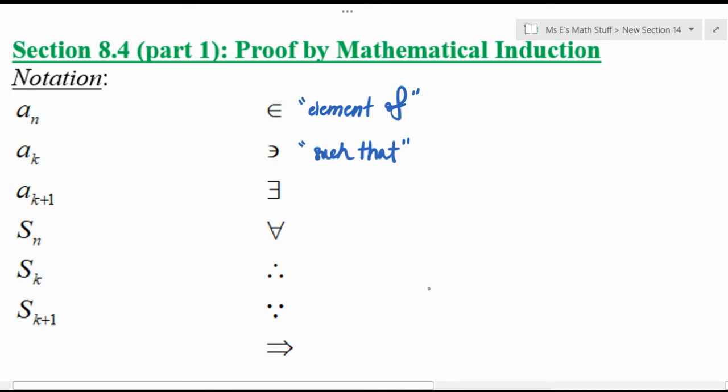Okay, basically an uppercase E, but mirror imaged. That one would mean there exists. Let's see. The upside down A means for all.